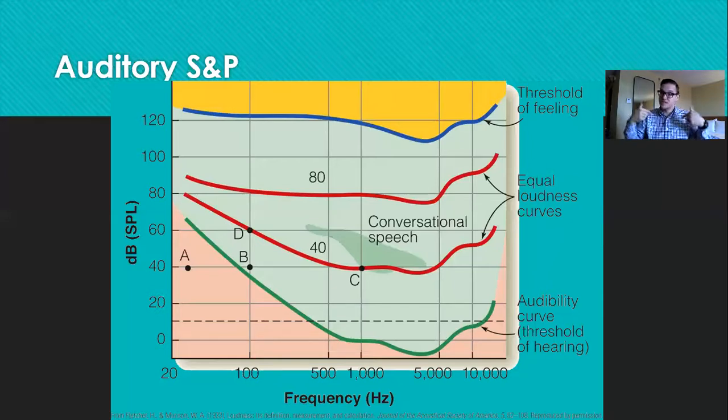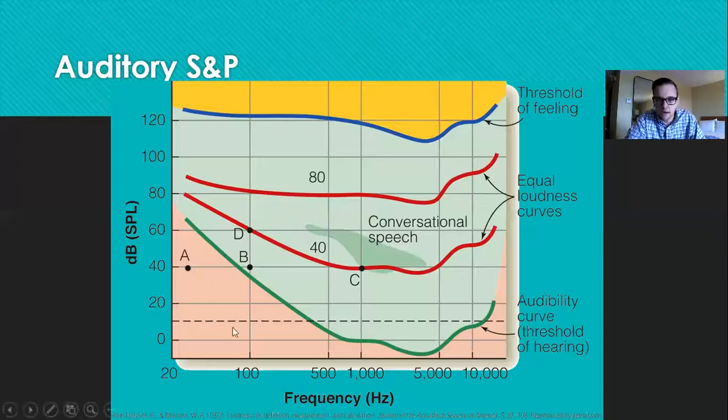It sounds louder. The further above 3,000 hertz you get, the less resonance and the less amplification you have. The further below 3,000 hertz you go, the less the resonance and the less the amplification.